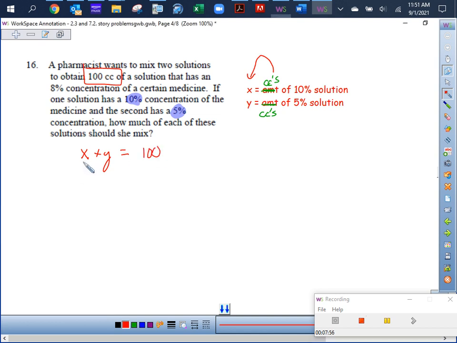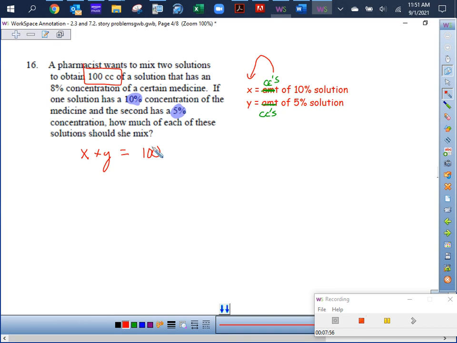We have X cc's of 10% solution plus Y cc's of 5% solution should all add together to be 100 cc's. Just like here, 2 ounces of water plus 2 ounces of coffee added together to be 4 ounces total, right? You just knew the amount that I put in there first. I don't know how much 10%, so it was X. I don't know how much 5%, so it was Y, but they all add up to be the grand total of 100 cc's. Cool with that.